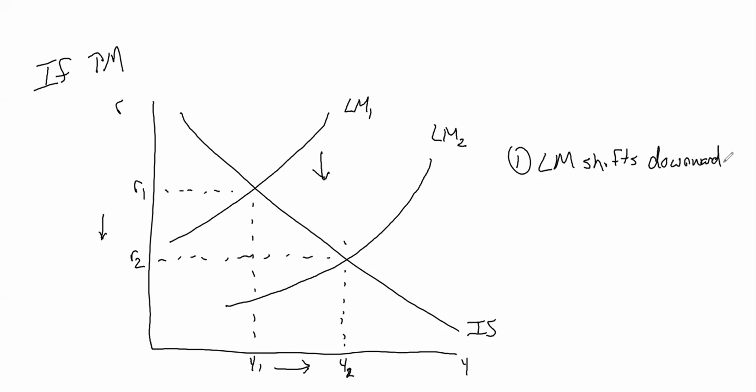And when LM shifts downward, that raises total income, right? So that downward shift in LM raises total income. We're initially at this equilibrium right here, and we're now at this new higher income equilibrium down here.